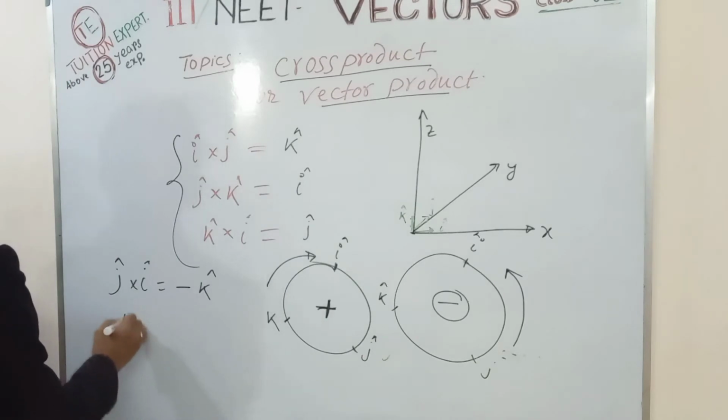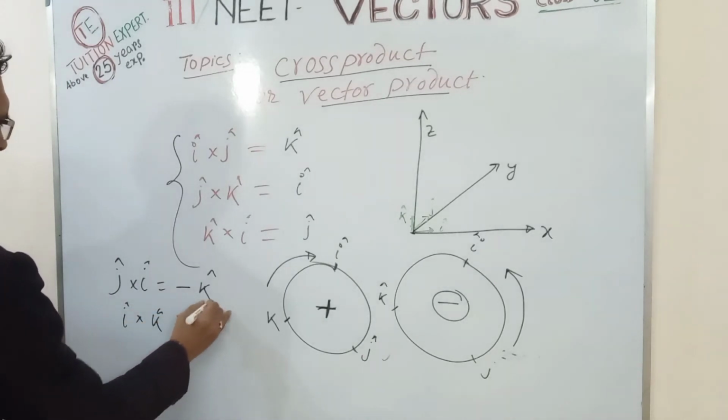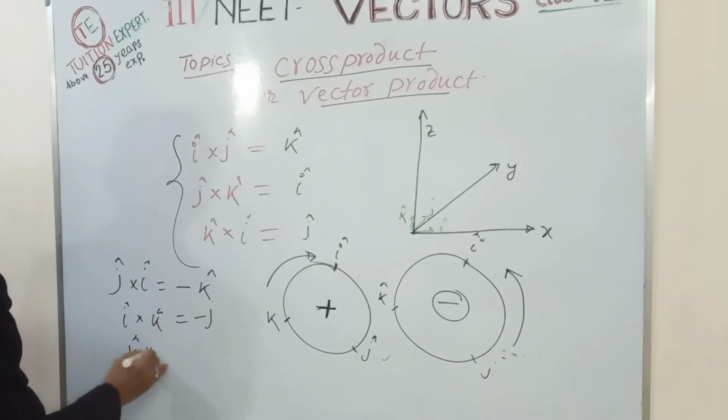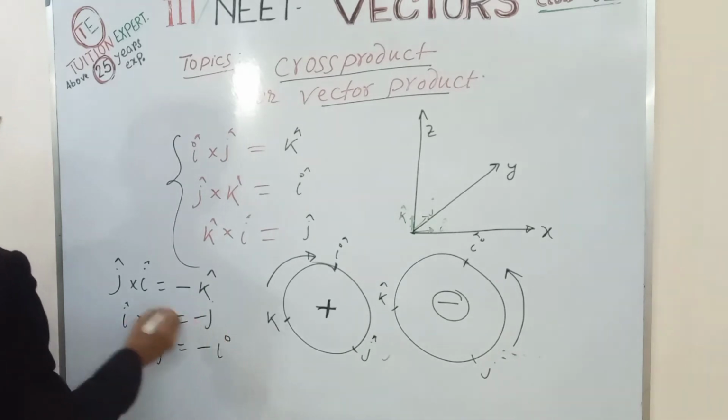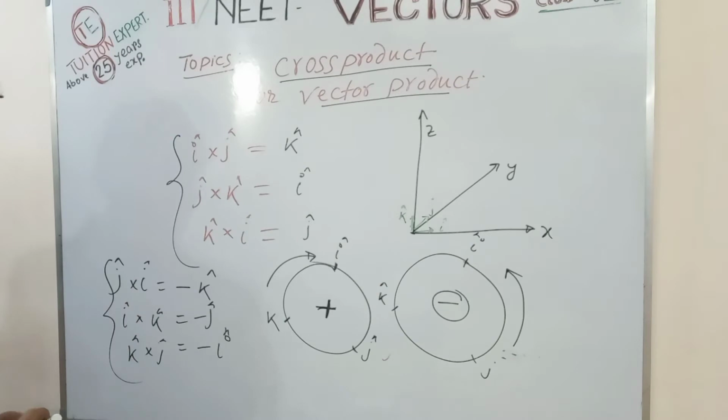I cross k becomes minus j. K cross j becomes minus I. So this is the result. Also we know that I cross j equal to minus j cross I.